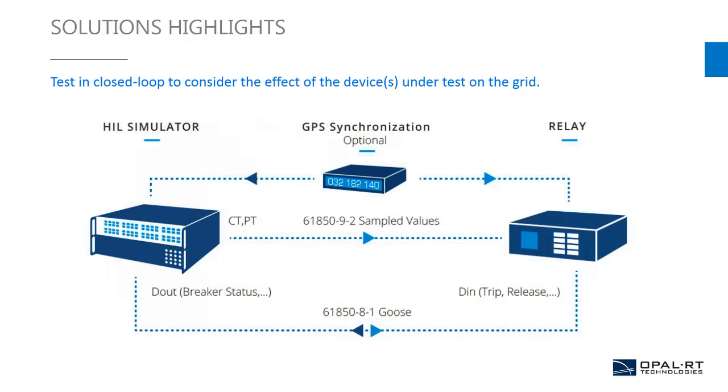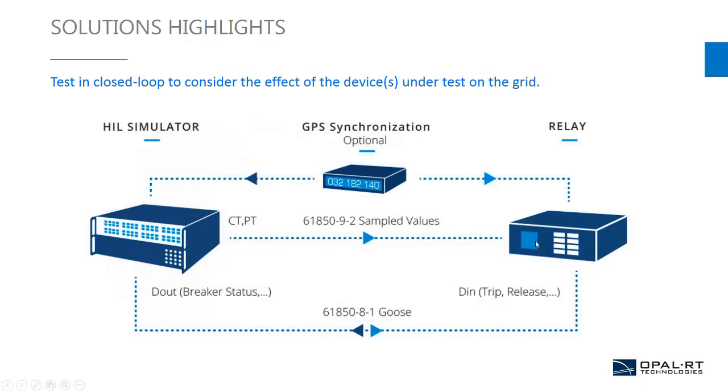One big advantage of closed loop testing is to consider the effect of the device under test on the grid. So you not only send values to the relay under test, here for instance with sample values, it could also be through amplifiers with analog digital values.